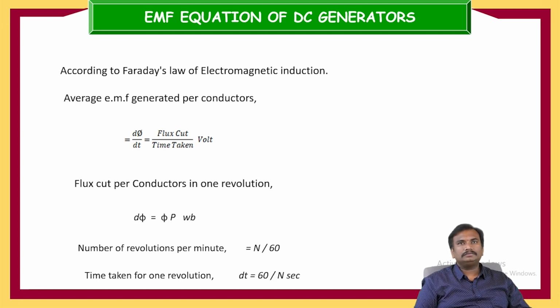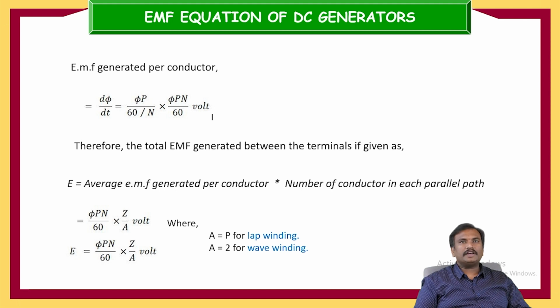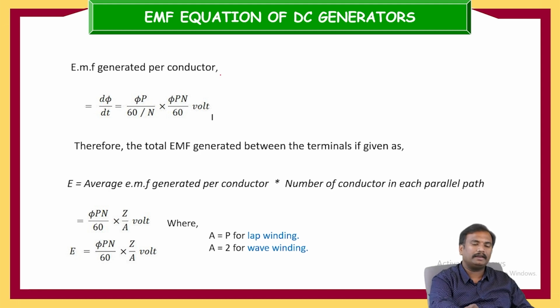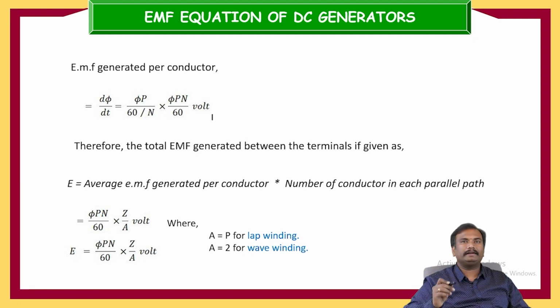Now, if we substitute these values into the EMF generated per conductor equation, dφ/dt is equal to φP divided by 60/N, that is equal to φPN/60 volts. This is the EMF generated per conductor.